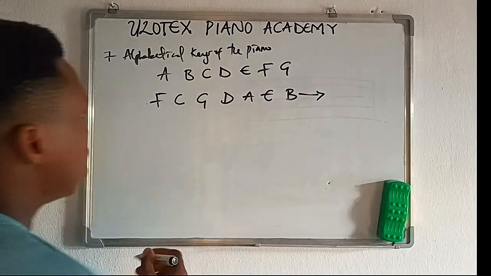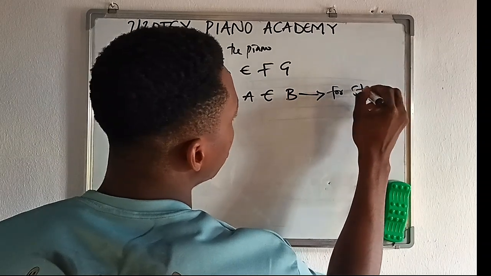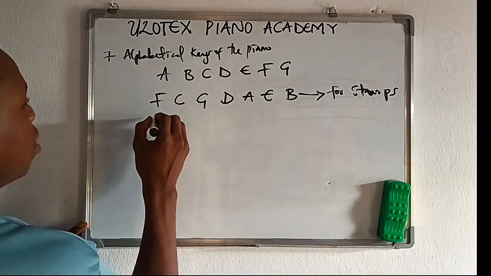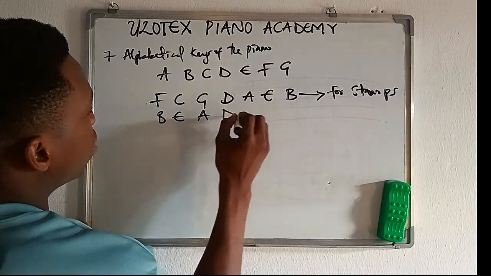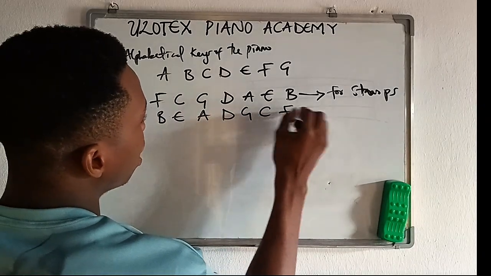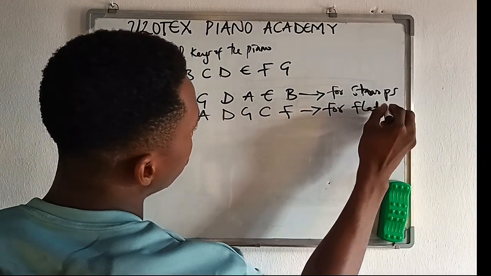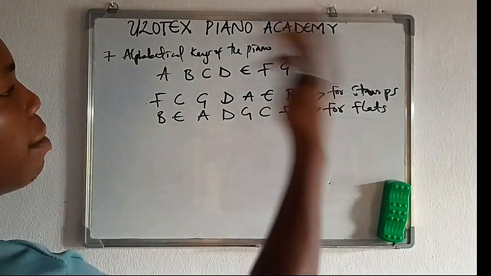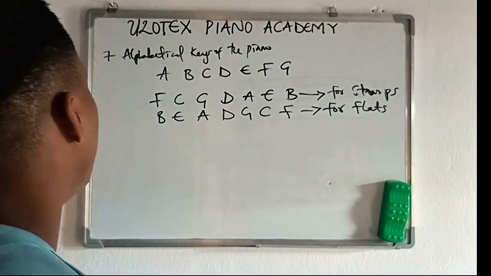This is for sharps. Then battle ends and down goes Charles' father is for flats. I told you earlier on that sharps are more of going forward, then flats is more of going backward.